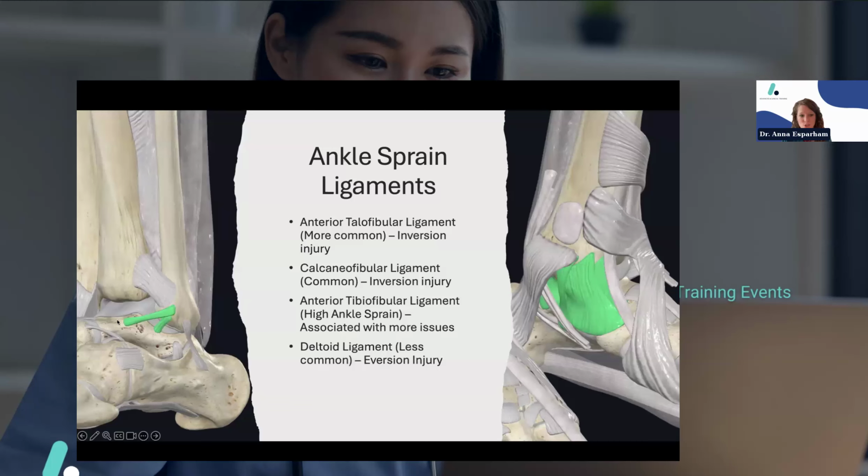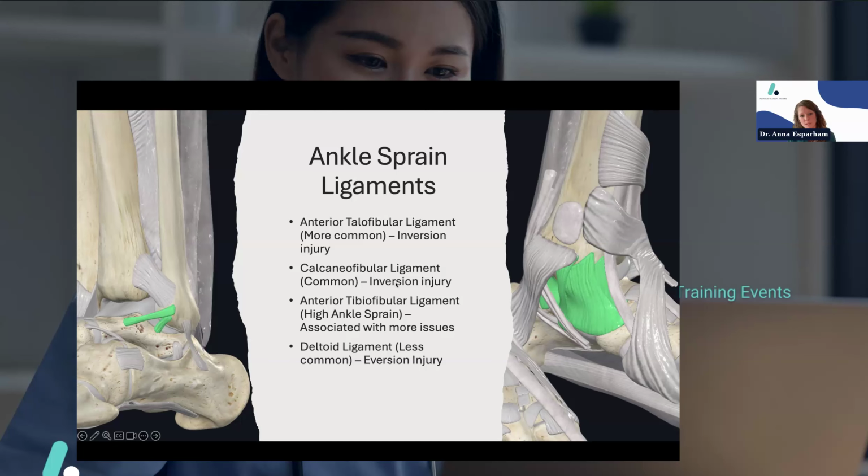They get stretched when the ankle goes inward. It's really not supposed to do that, so these ligaments get distorted and torn, and that's the cause of a lot of the pain, in addition to all the swelling that occurs around an ankle sprain.